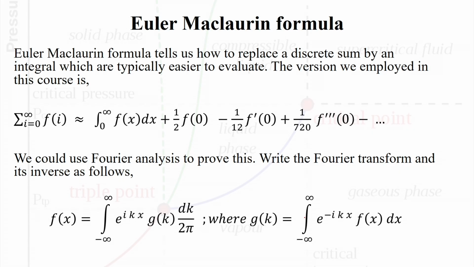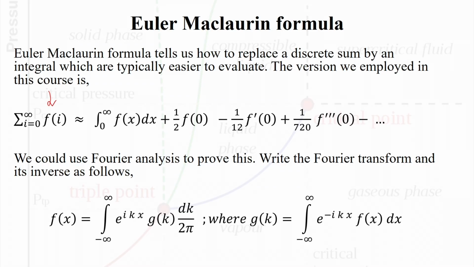The Euler-Maclaurin formula is basically a method which enables you to replace a discrete sum by an integration. Typically discrete sums are harder to do than integrations, which seems odd, but if it's a finite sum, then it's by definition simple; I am talking about an infinite sum.